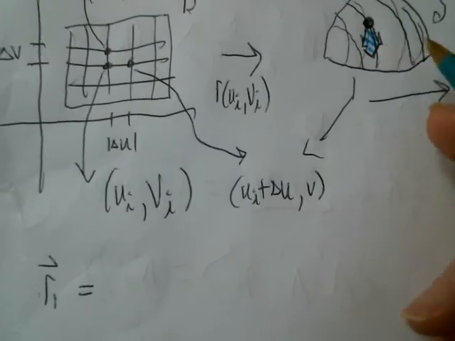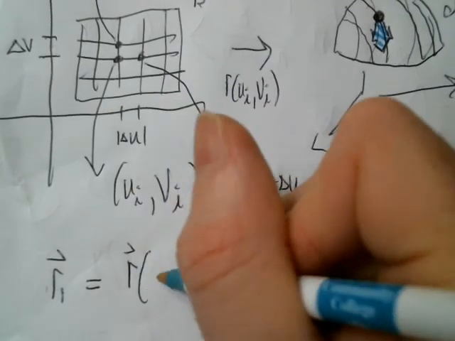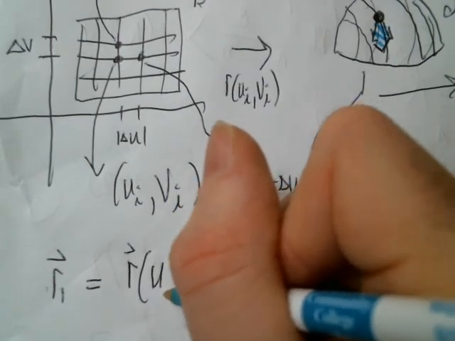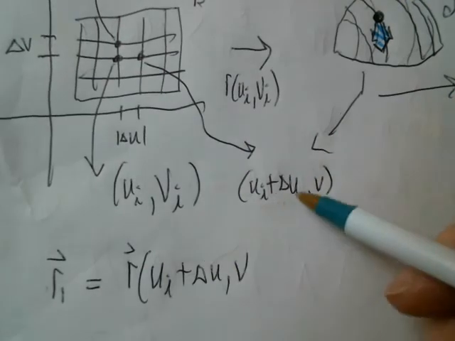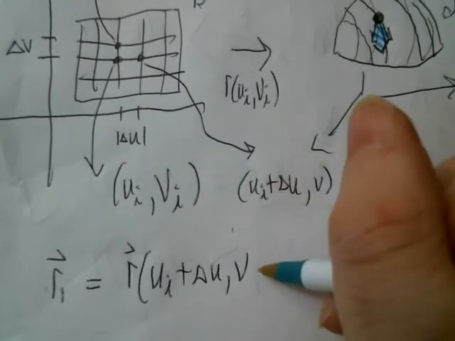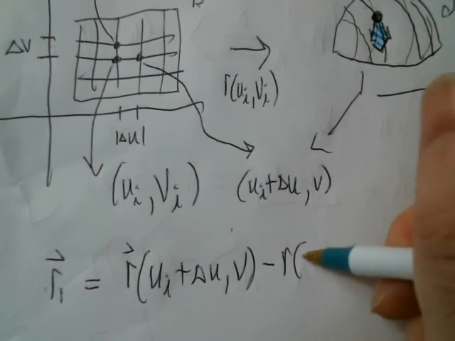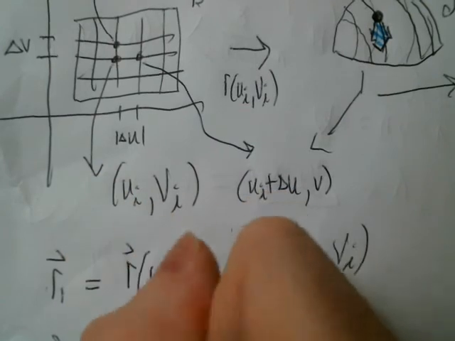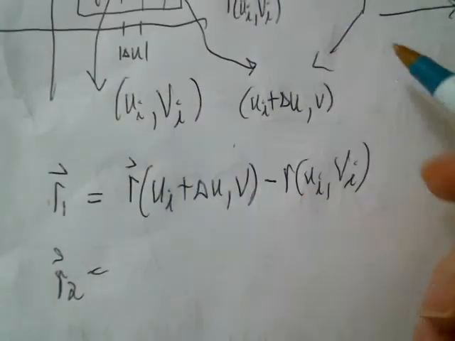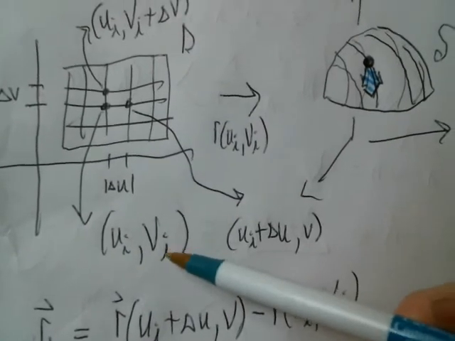So I'm saying do this: r of u sub i plus change in u comma v, so r of this point, minus r of this point, so r of u sub i comma v sub i, and then the other vector will be r of this point up here minus r of this point down here.